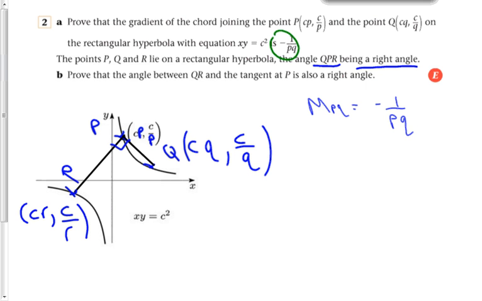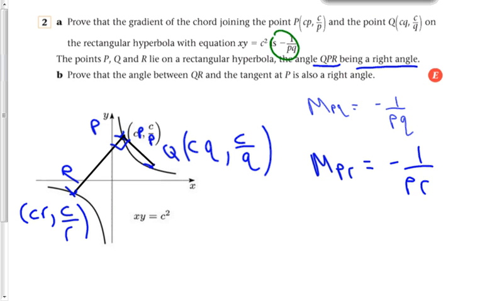What can I say about the gradient of PR? The gradient of PR is minus 1 over pr, isn't it? Just another point, same thing, but instead of Q, it's R.